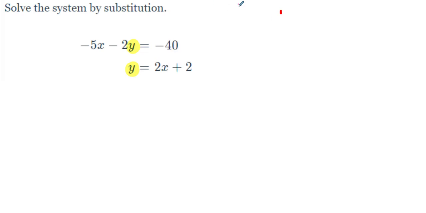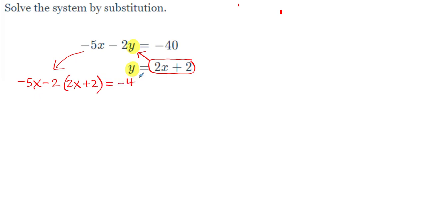So this 2x plus 2 will go in for this spot right here where there's a y, and then I'll just rewrite the equation to the side. So I have negative 5x minus 2. Now again, notice that y, that's a little spot, but I have to fit both these terms, so a wide set of parentheses, 2x plus 2, close the parentheses, equals negative 40.